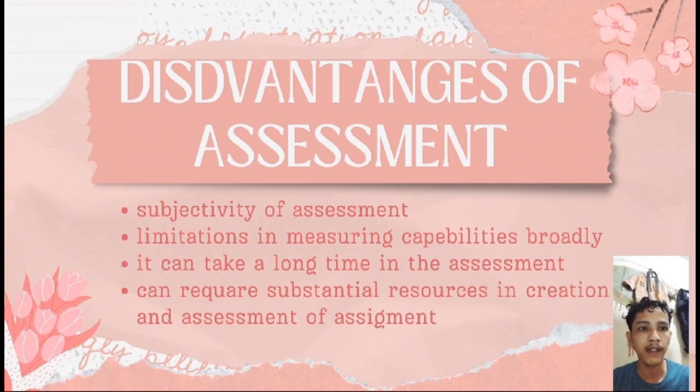Grading assessment can be time consuming for instructor, especially for large class. Lack of relevance. Some assessment may not be directly relevant to student future goals or career, which can reduce their motivation.